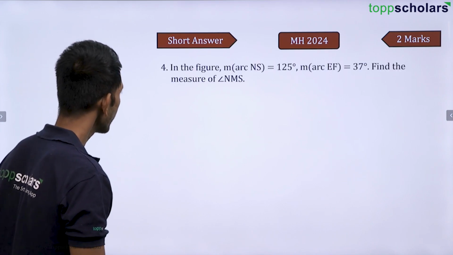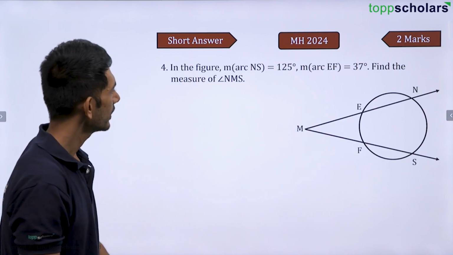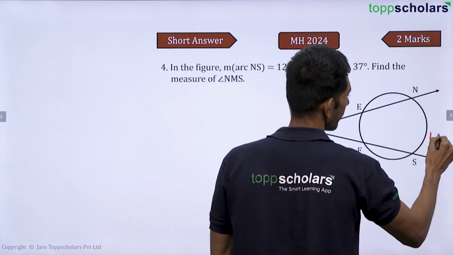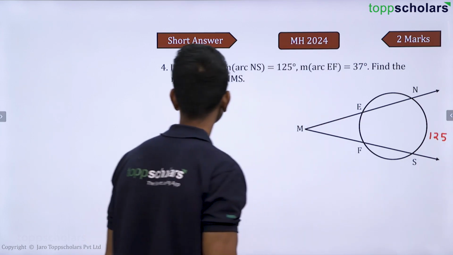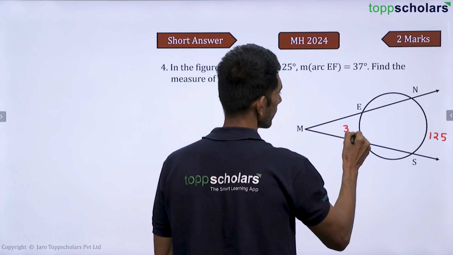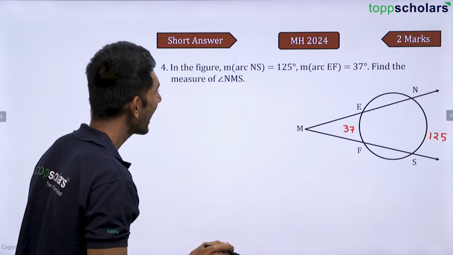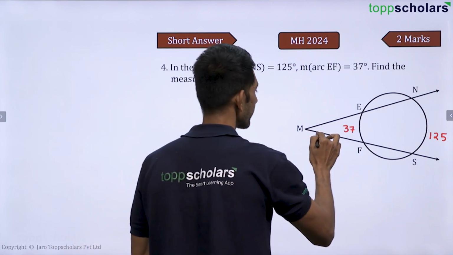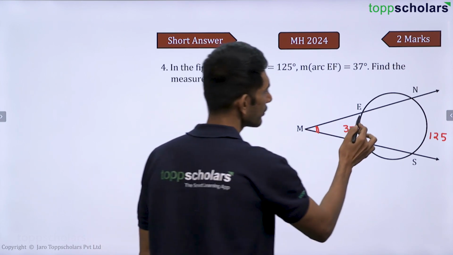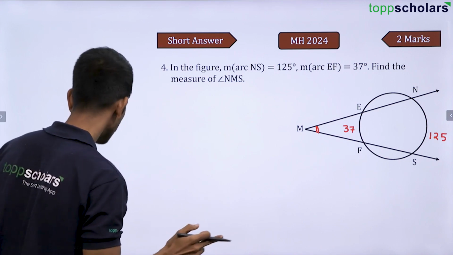It says, in the figure, the measure of arc NS is given as 125 degrees, and the measure of arc EF is also given as 37 degrees. We are supposed to find the measure of angle NMS. See, again there are two ways. One of the ways is you join this and then solve. But let's go with the other way.